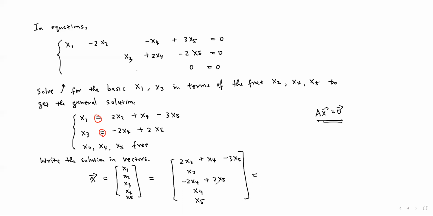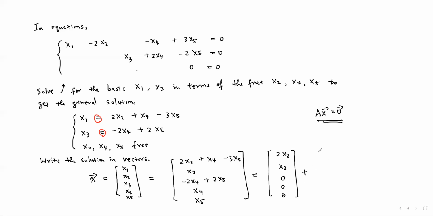Split this vector into a sum of vectors. The first vector is for x2. So 2x2. Second entry is x2. The third entry, no x2, so I put 0. The fourth entry, no x2, 0, 0.